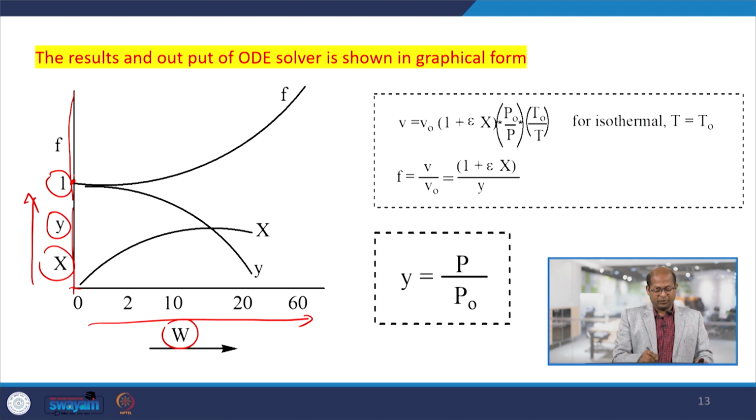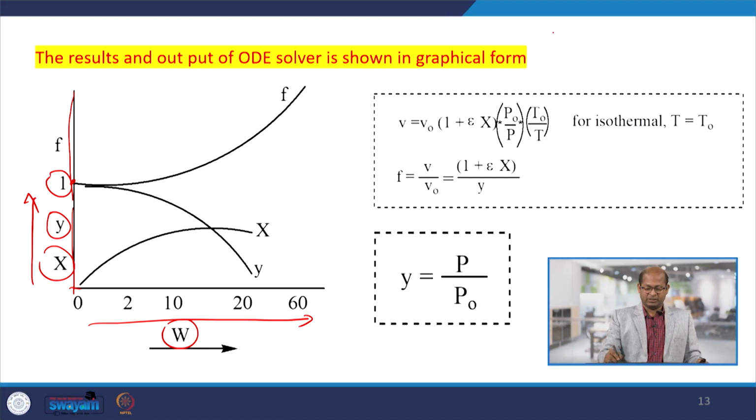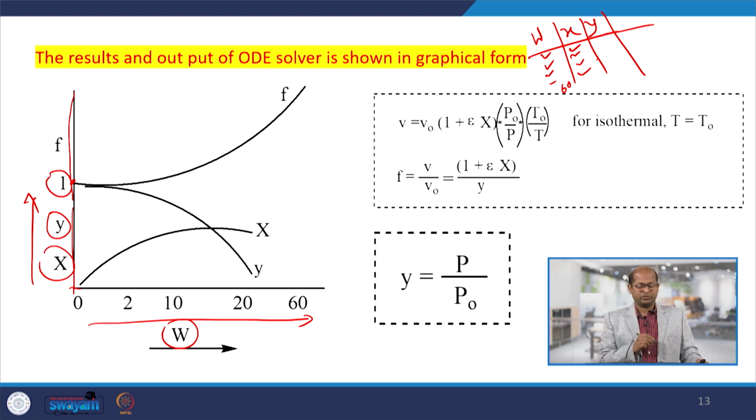So, if we plot it graphically after solving the equations, we get W, x and y, that is the pressure ratio. From 0 up to 60 kg of catalyst that we have taken for assumption, these values will come, and the corresponding conversion values also will come from the output of the two equations, and then the corresponding pressure drop also will come.